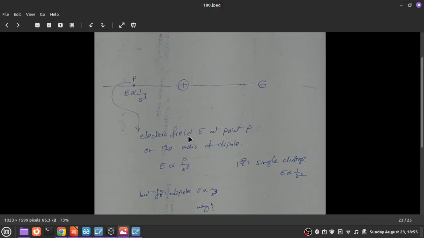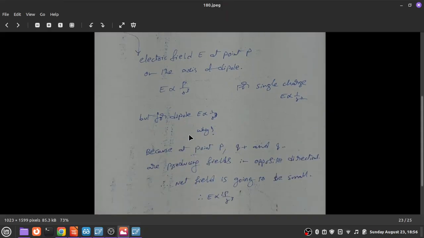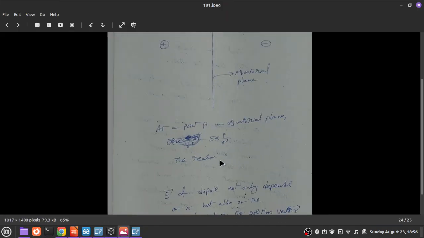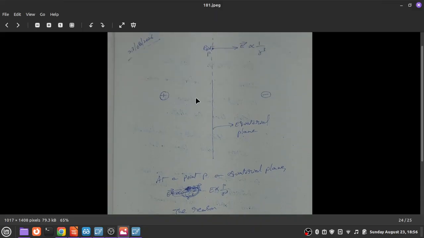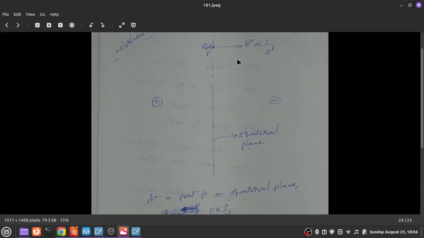Another point is, once the two charges, positive and negative, are identified, along the dipole axis at a point, E bar is proportional to 1 by r cubed. On the equatorial plane also, E bar is inversely proportional to r cubed.